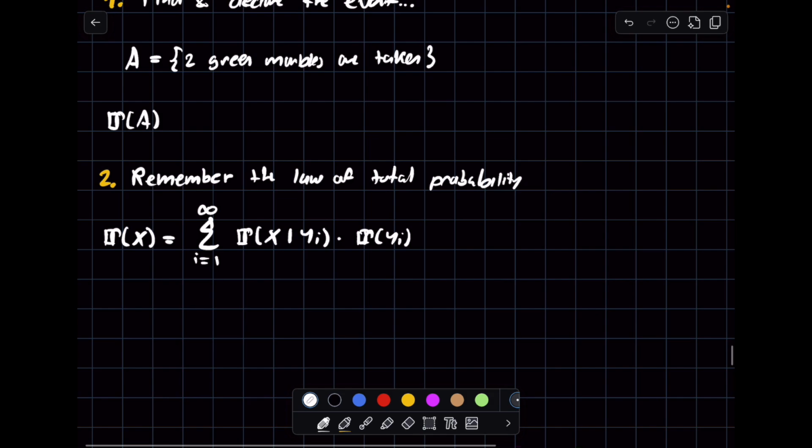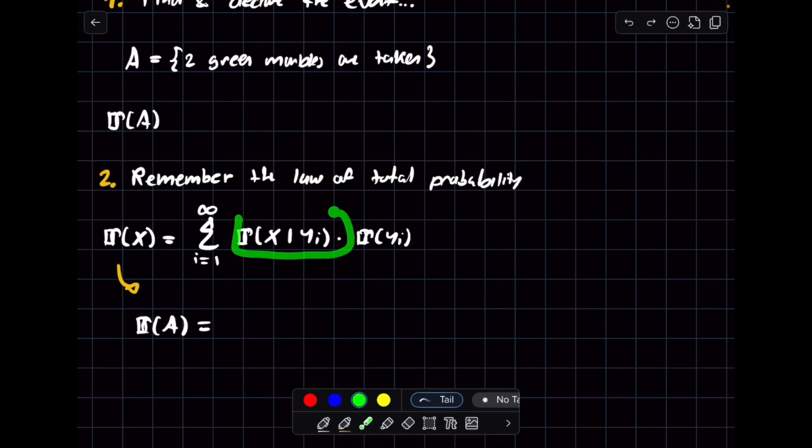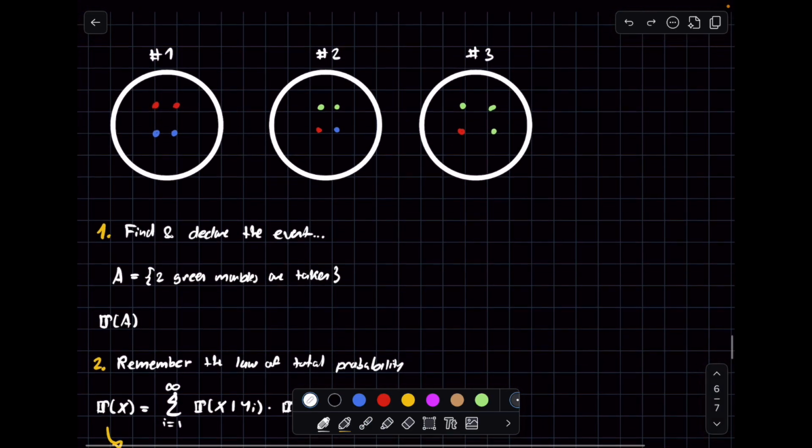That's basically our total probability. This is a conditional probability, the probability of us getting X given we have the case yi already taken. In this case, we have three cases, because we have three bags.